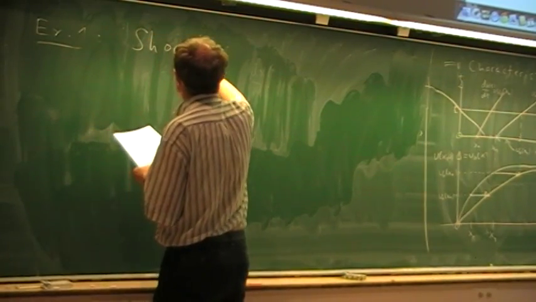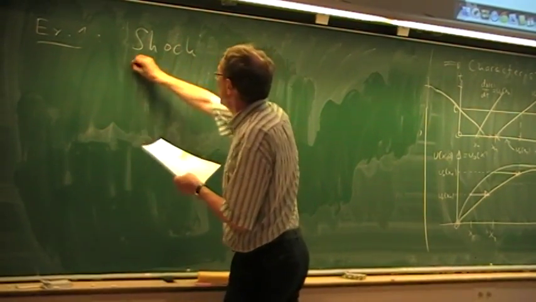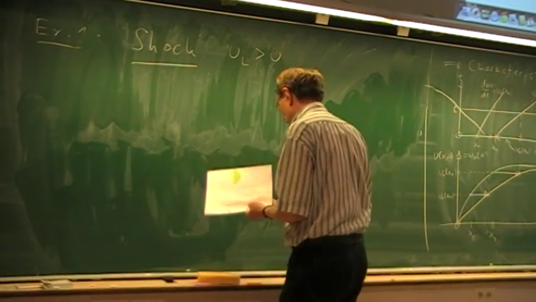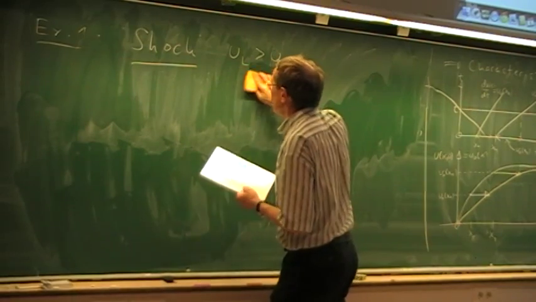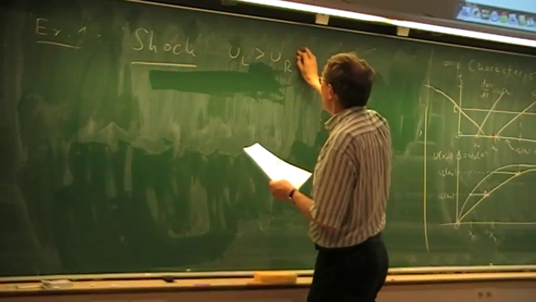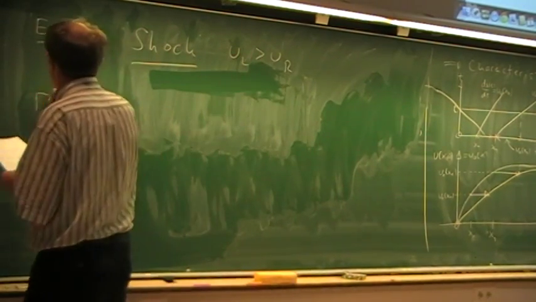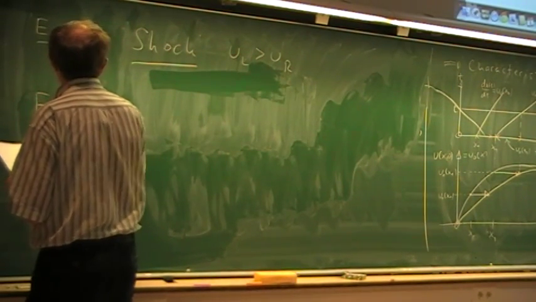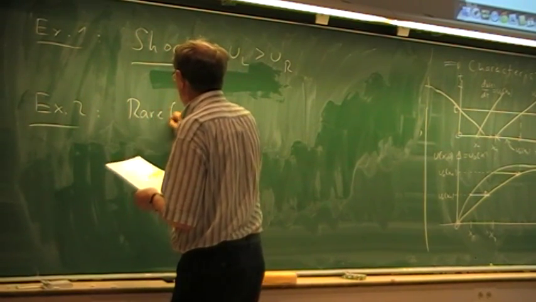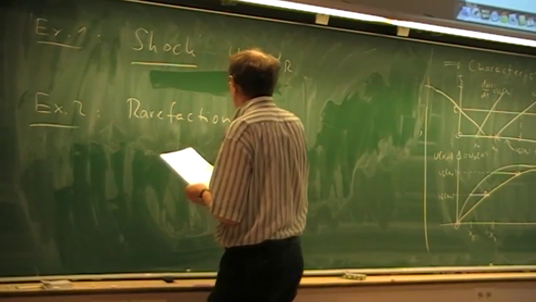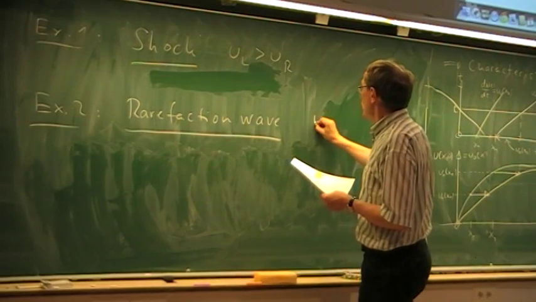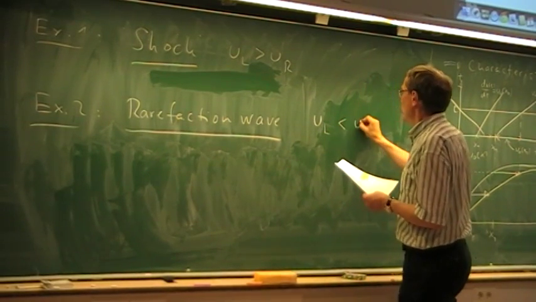The result of the first one, when ul is larger than ur, will be a shock. And the second example that we shall study will be the so-called rarefaction wave that we will get for ul smaller than ur.